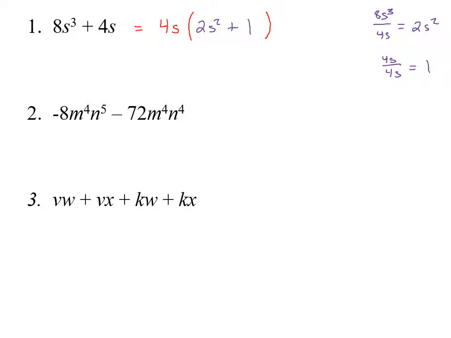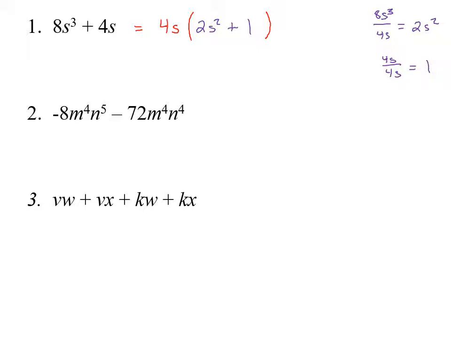And that would be my answer, 4s times 2s squared plus 1. So that way, if you were to do what we did in the last video, distribute it, 4 times 2 gives you the 8. You would add your powers, s squared and s gives you s cubed. And the 4s times 1 would be 4s. So you're really just dividing when we factor.